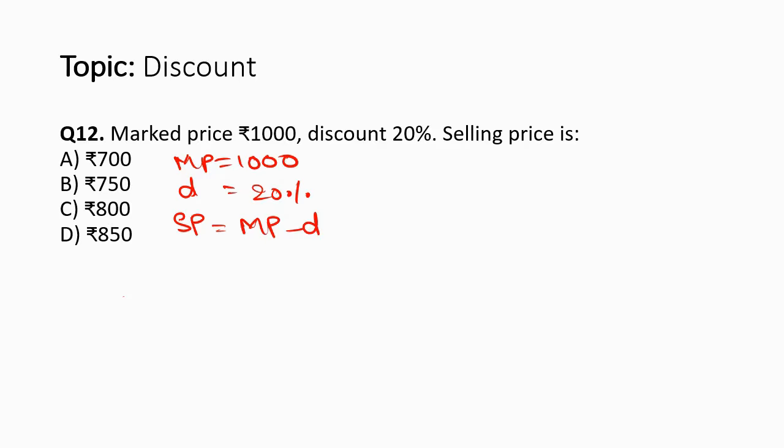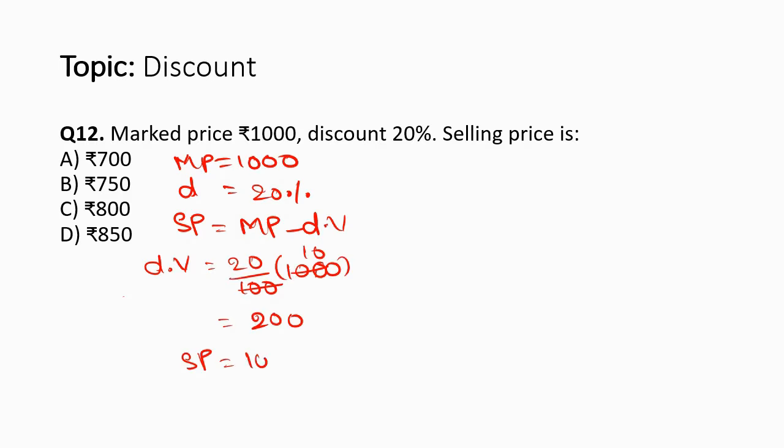So we are using a negative sign, minus. So how can we get the discount value? Discount value equals discount percentage of market price. So discount percentage is 20 by 100 of 1000. 100 once 100. We got the discount value as 200. So selling price is equal to market price 1000 minus 200, which is equal to 800.